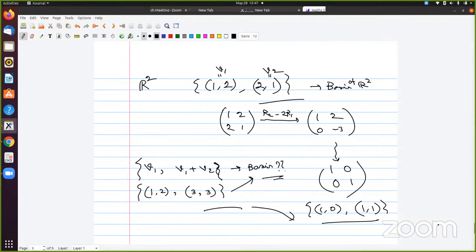I am giving an example, you can see. This example is saying that it is not exactly the same vectors we are talking about. In this example, take B1 as 1, 2, and the other as 3, 3.